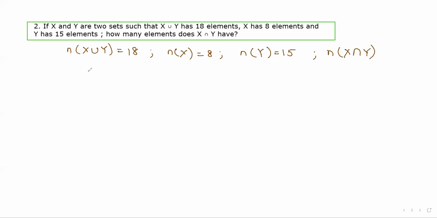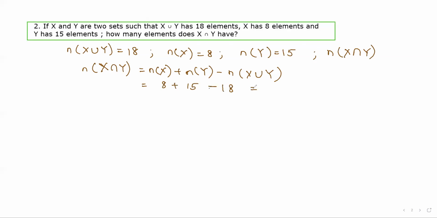It's the same as the previous question, so you can directly write n(X intersection Y) is equal to n(X) plus n(Y) minus n(X union Y). This is 8 plus 15 minus 18. 8 plus 15 is 23, minus 18, which is equal to 5.